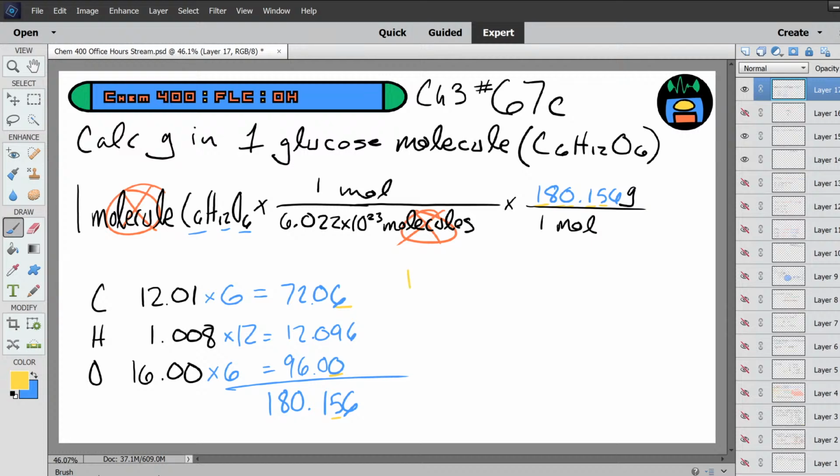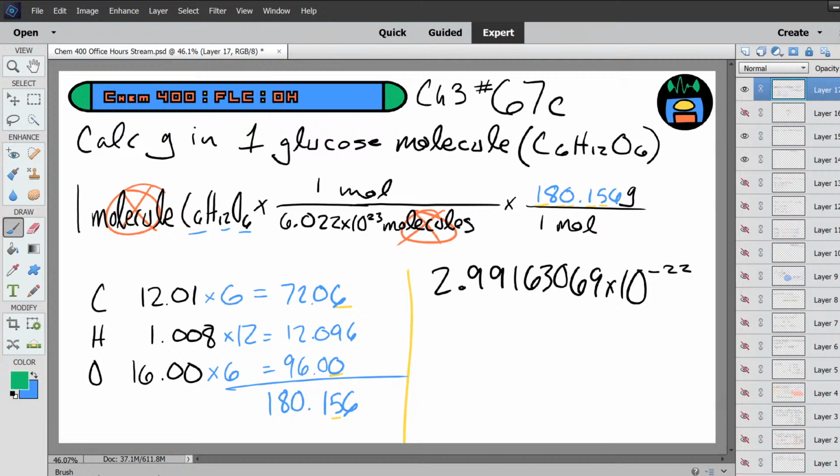Now we're ready to crunch some numbers. So we have 1 divided by 6.022 times 10 to the 23rd times 180.156. Gives us a value. My calculator is telling me that my answer is 2.9916369 times 10 to the negative 22.